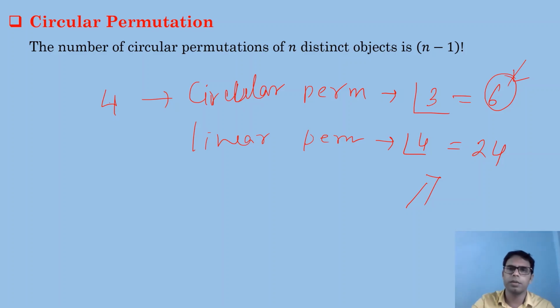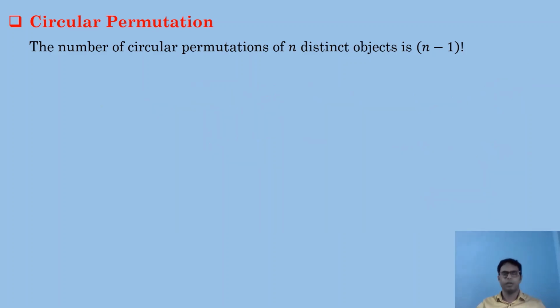Now let me solve the proof part of this. First of all, consider n distinct objects, a1, a2, a3 and so on up to an.